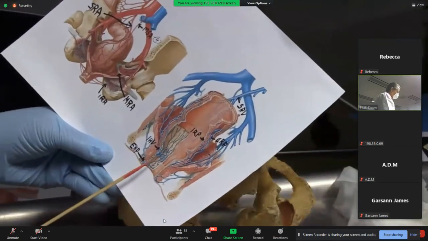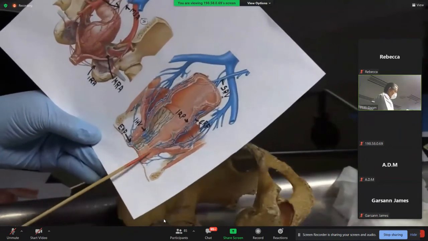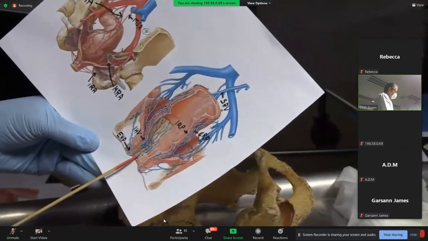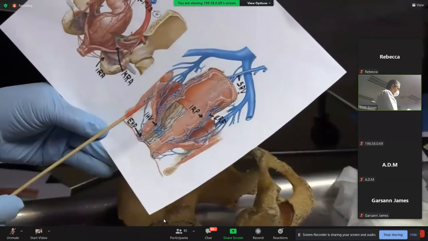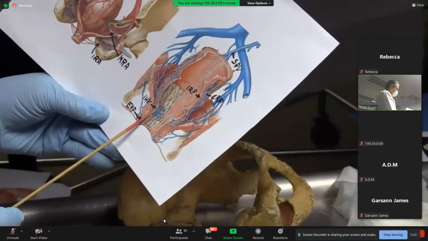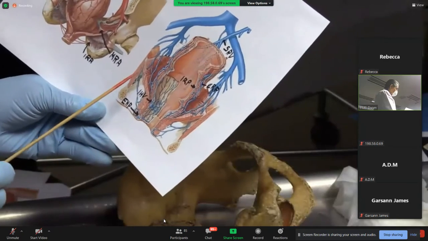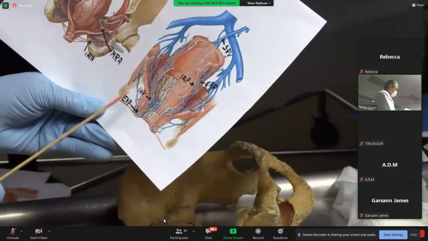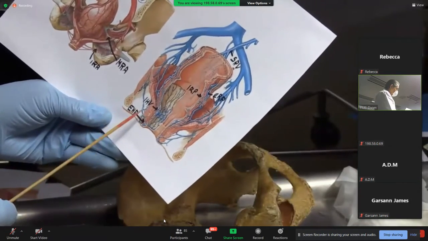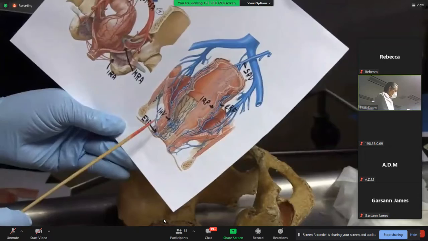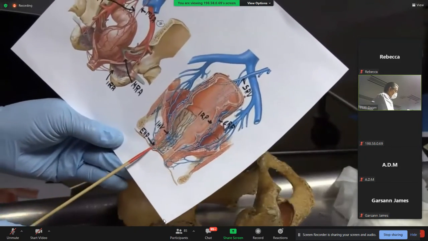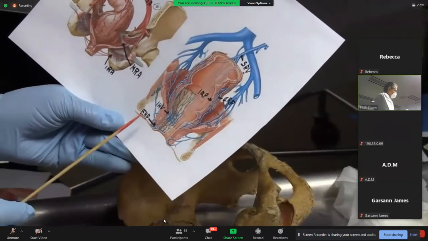the anal columns of Morgagni, which are right here, the upper part of the anal canal. These are terminal radicals of the superior rectal vein. And here, the inferior rectal vein runs in the pudendal canal again, running across the ischiorectal fossa, to drain venous blood from the lower part of the anal canal.